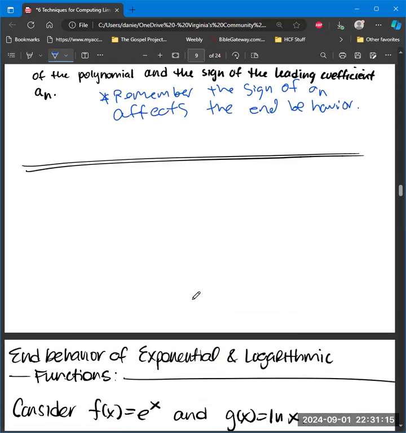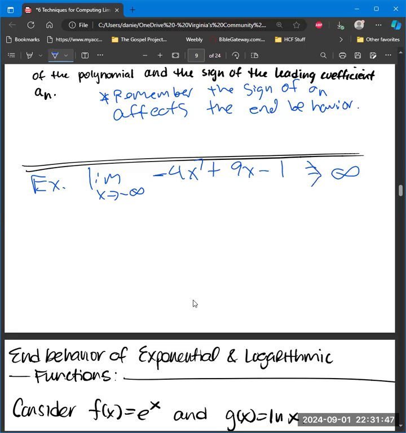So for example, if we had the limit as x goes to negative infinity of negative 4x to the 7th plus 9x minus 1, this is going to be positive infinity, because this is an odd number of negatives times a negative number, which is a positive infinity.